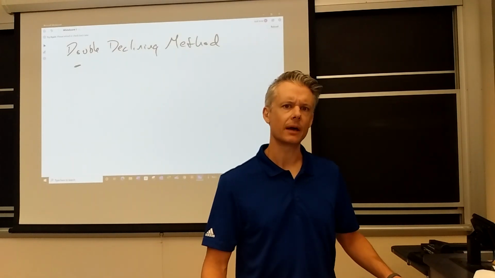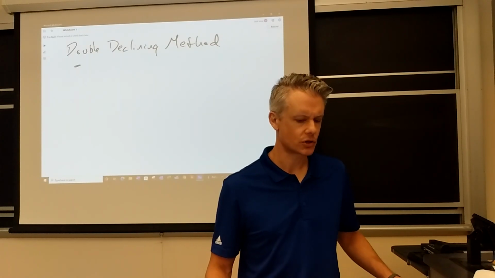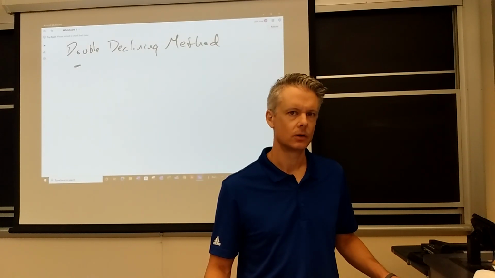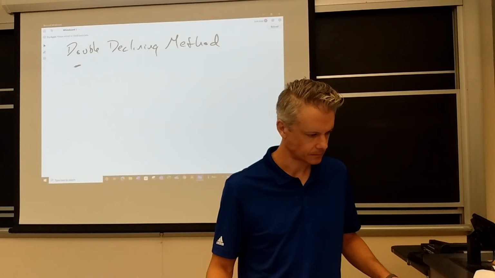The double declining method uses the straight line rate to depreciate an asset at an accelerated pace.